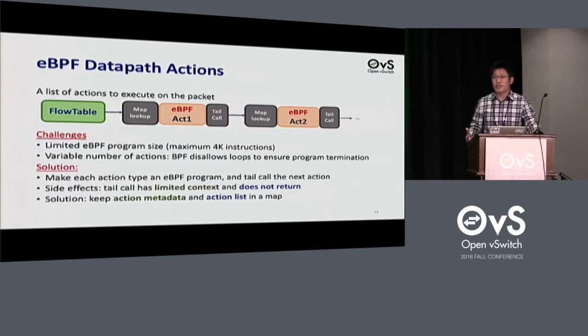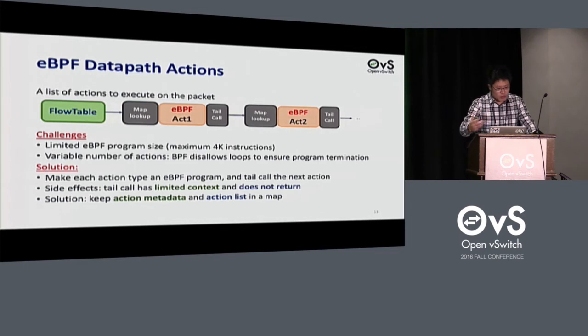To implement the same logic using eBPF, we actually encounter two major challenges. One, like Thomas mentioned before, an eBPF program has limited instructions, a maximum of 4K instructions. So if we want to implement this idea of a variable length list of actions, one eBPF program might not be enough.